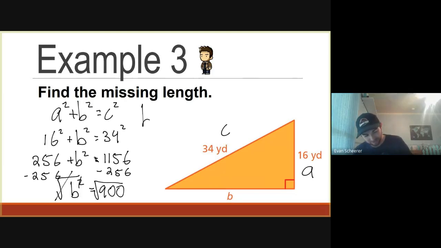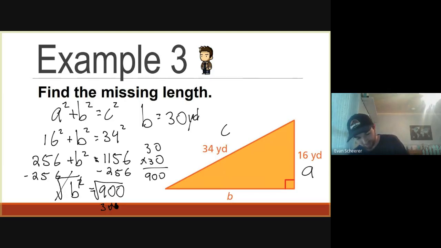Those cancel out, and B has to equal the square root of 900. Think about it. The square root of 9 is 3, and then the zeros kind of tag along, but remember, since we're taking the square root, you take one off, right? So B has to equal 30, because 3 times 3 is 9. Carry the zeros, 900. So 30 yards.